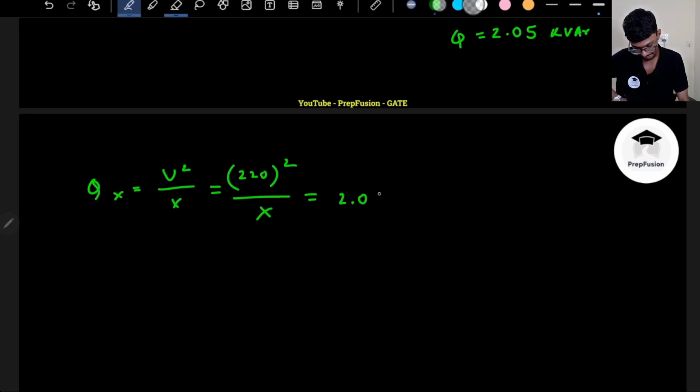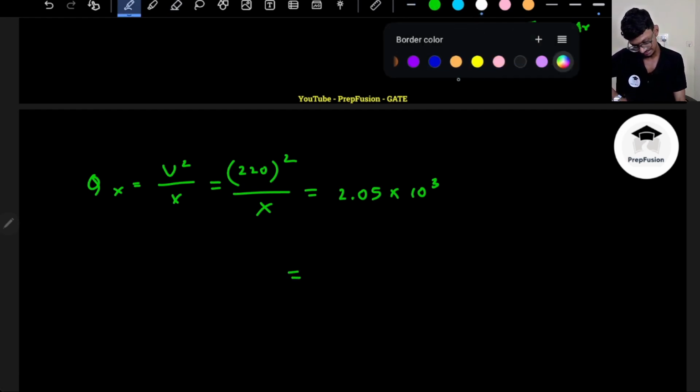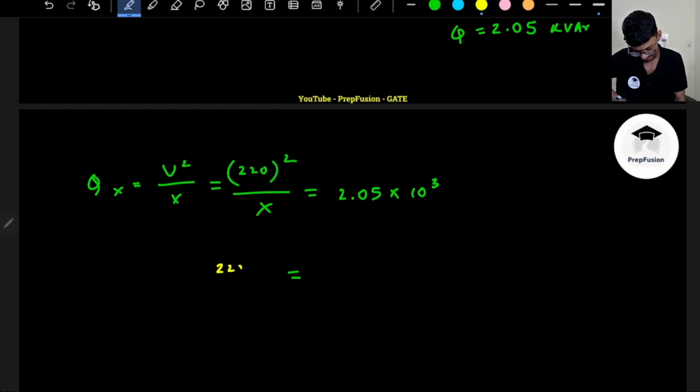So this is equal to 2.05 into 10 cube. So this will be basically 220 whole square divided by X into 10 cube.